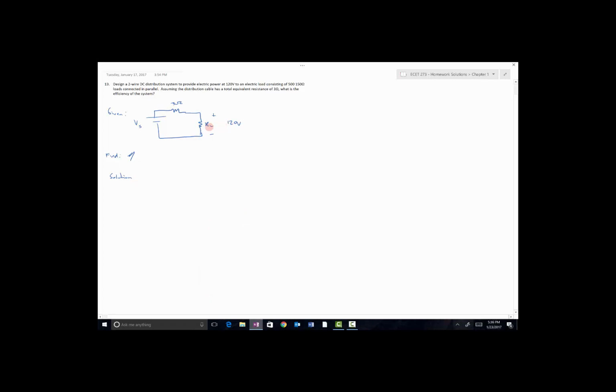To do that, we'll just solve for RL. There are 500 and 150 ohm resistors. So that says that RL is equal to 150 over 500, sorry, 150 in parallel with 500.